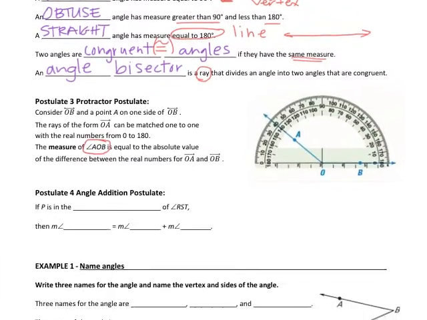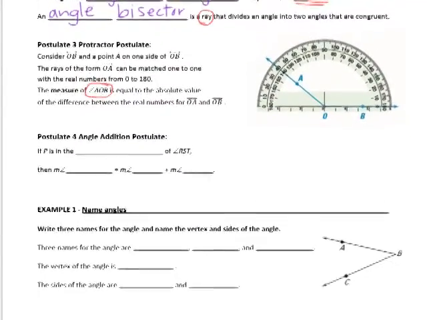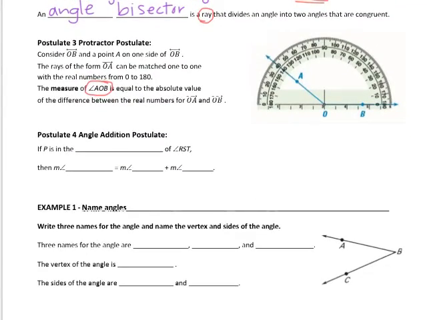All right, let's go on here to postulate 3, the protractor postulate. Perhaps you've used a protractor before, and if you take a look at this diagram here, we have an angle AOB, and we can go ahead and measure how big this angle is.